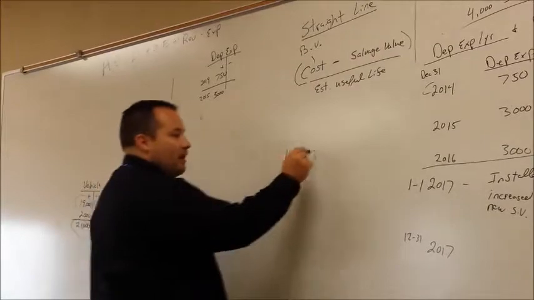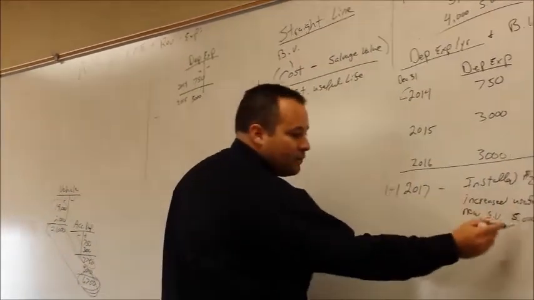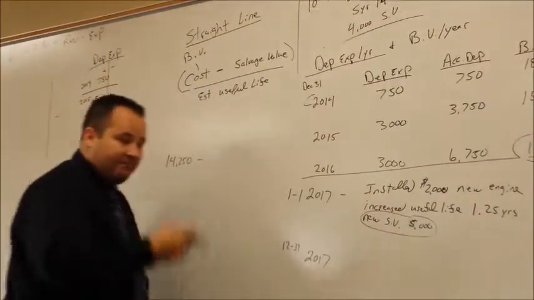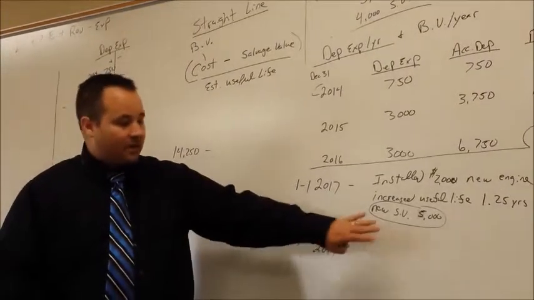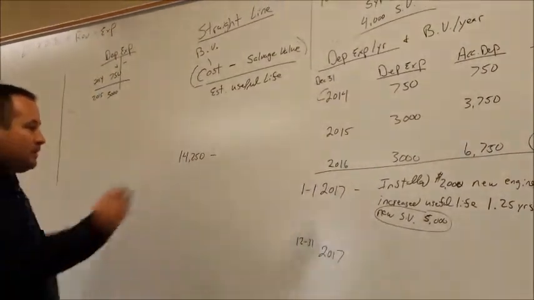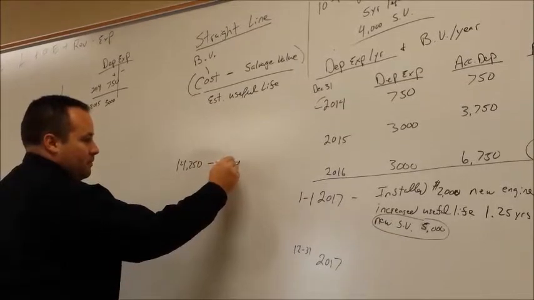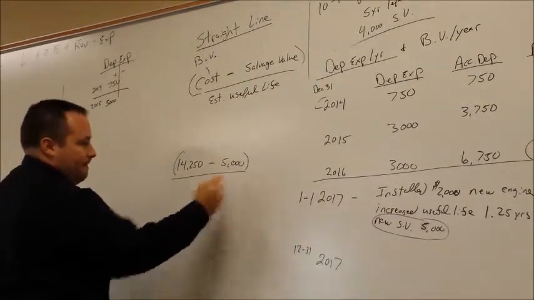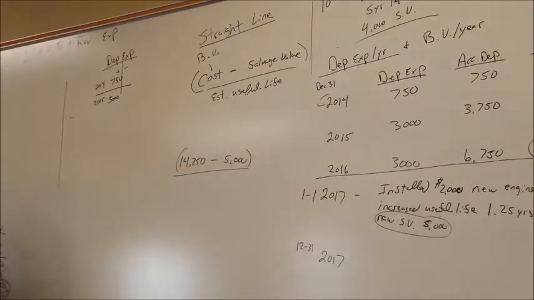I need to subtract out my new salvage value because my car's a little different. I think I'm going to sell it for maybe a little bit more now. How much life do I have on the car?